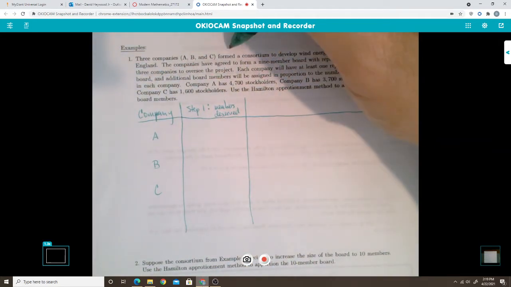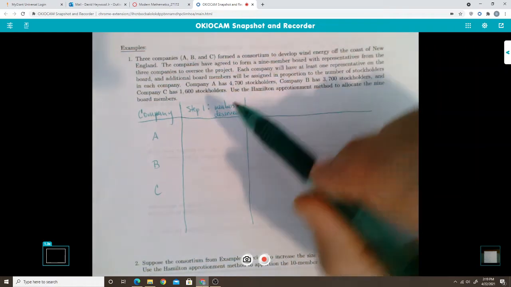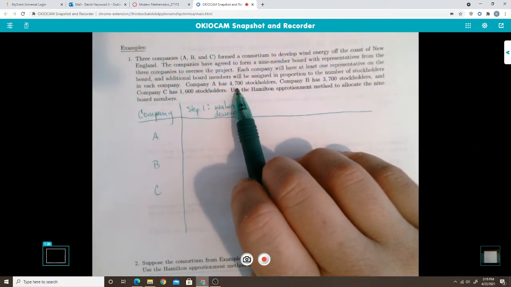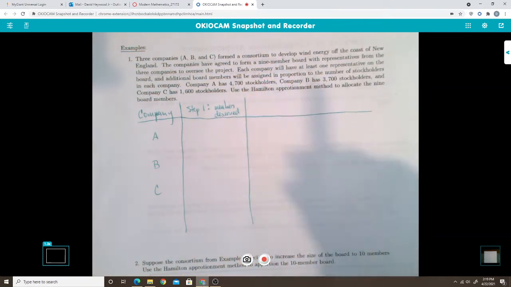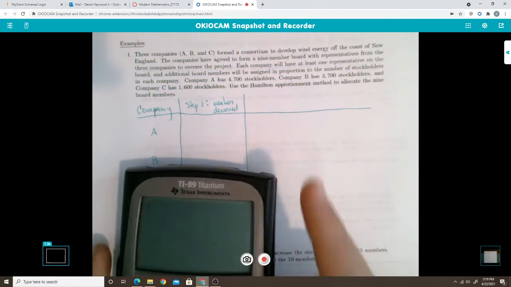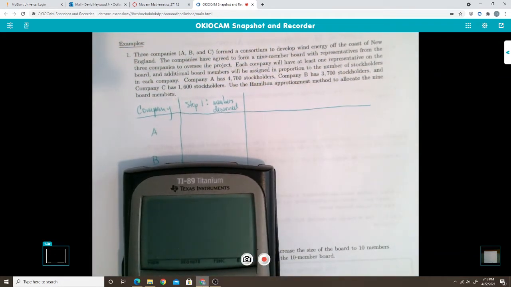So for company A, Company A has 4,700 stockholders. How many stockholders are there in total? Well, we would need to add that up, right? So we would say 4,700 plus 3,700 plus 1,600 is 10,000, right?